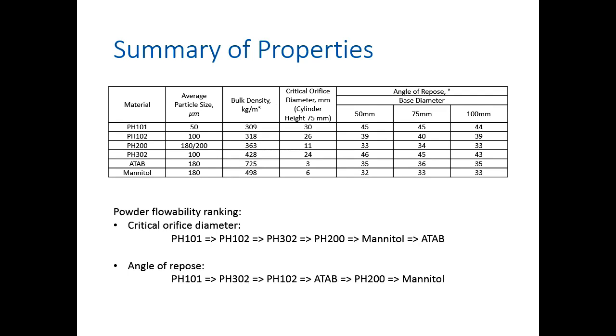This table summarizes the data that we got from the experiments that I explained. We can see the average particle size of the 6 powders in the second column, and also the bulk density of the powders.